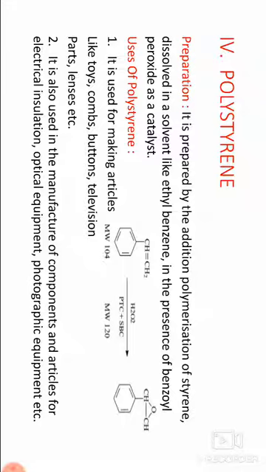Uses of polystyrene. It is used for making articles like toys, combs, buttons, television frames, lenses, etc. Second, it is also used in the manufacture of components and articles for electrical insulation, optical equipment, photographic equipment, etc. Electrical insulation means electrical wire and cable covering material.